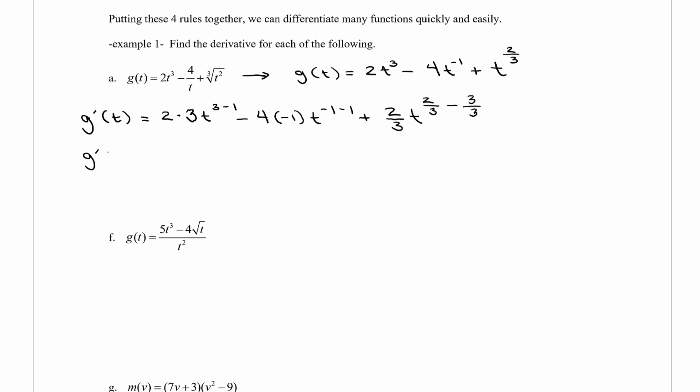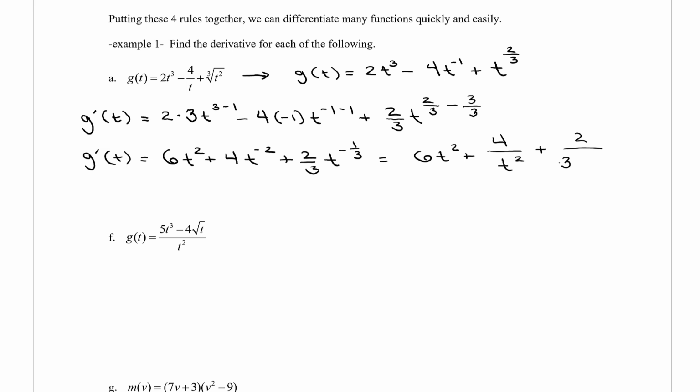So g prime of t is equal to 6t squared plus 4t raised to the -2 power plus 2/3 t raised to the -1/3 power, and this can be written as 6t squared plus 4 over t squared plus 2 over 3 times the cube root of t.